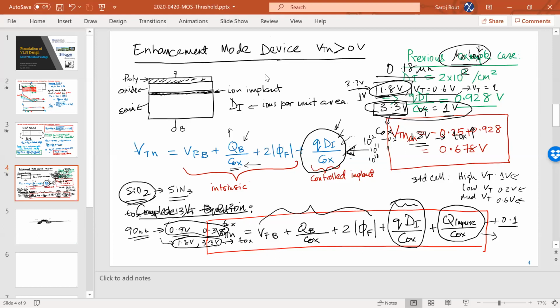But in the case of voltage, if we decrease VTN, ID is increasing.